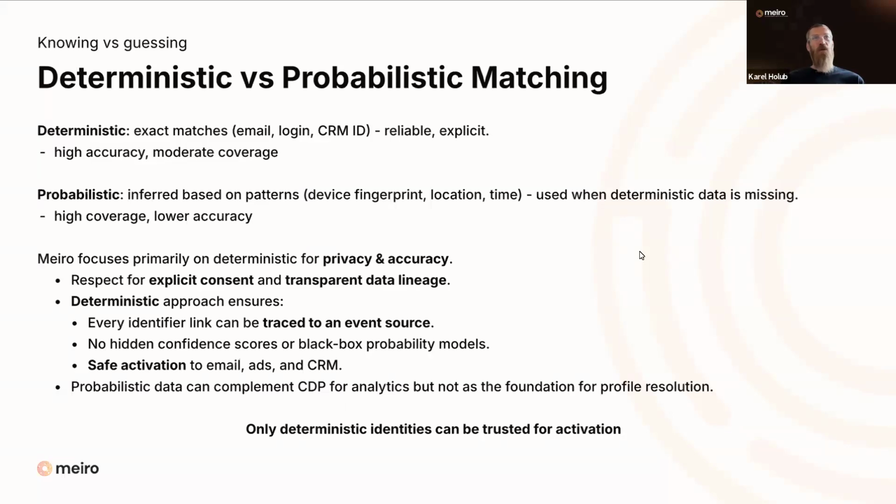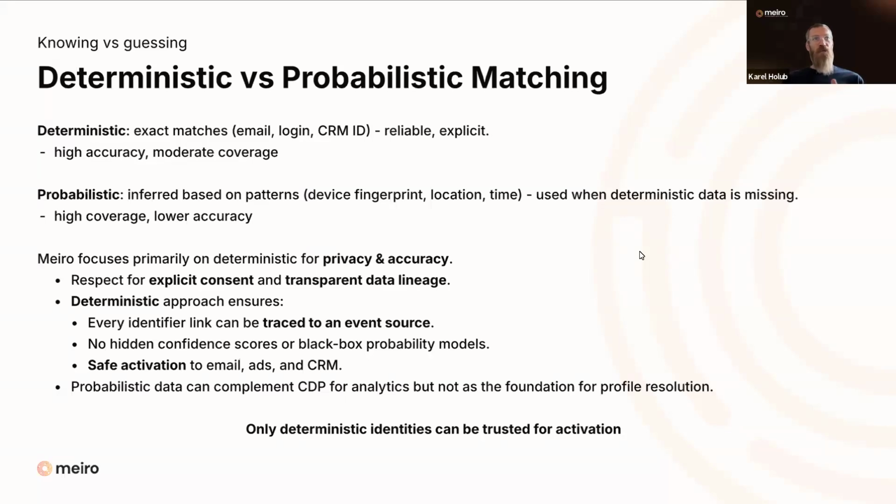Meiro focuses on deterministic, and our main focus on deterministic is for privacy and accuracy of the profiles. Of course, it is possible to use probabilistic methods to improve the coverage of the data within Meiro CDP, but the main model is purely deterministic.